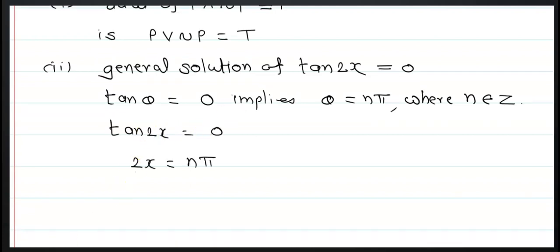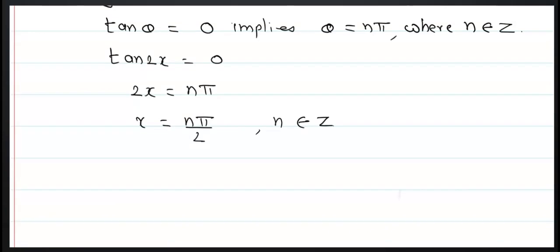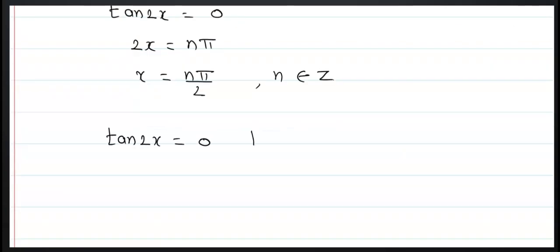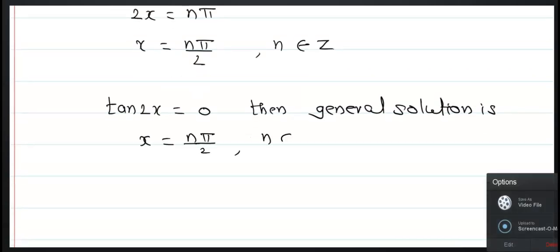Now here, in place of theta, tan 2x equals 0. Therefore 2x equals n pi and therefore x equals n pi upon 2, where n belongs to the set of integers. Therefore, if tan 2x equals 0, then the general solution is x equals n pi upon 2, where n belongs to the set of integers.